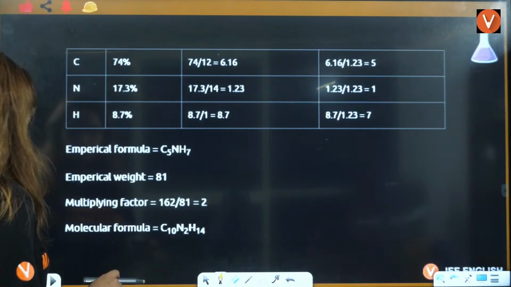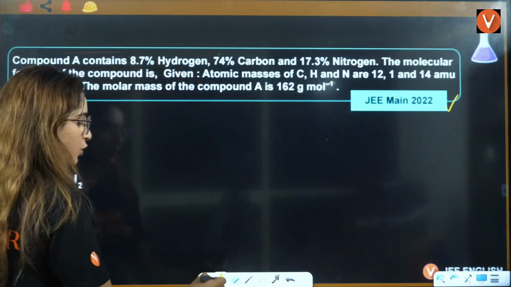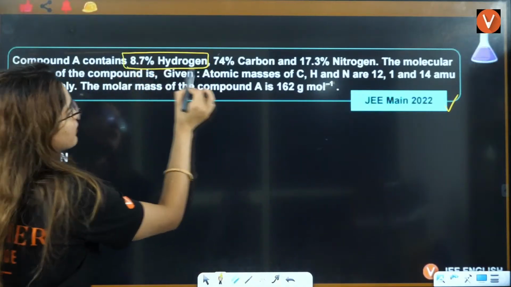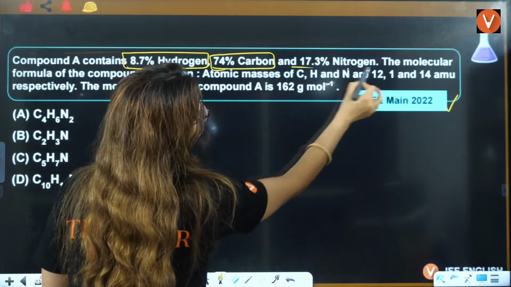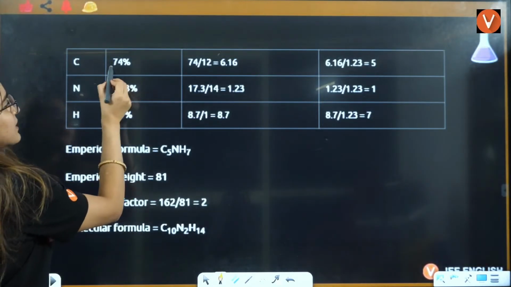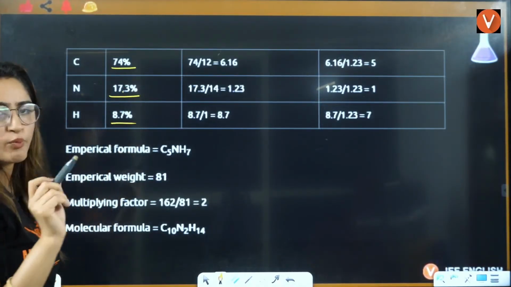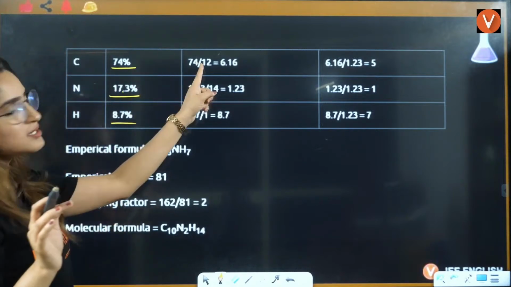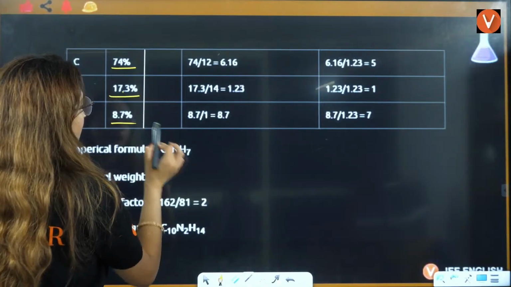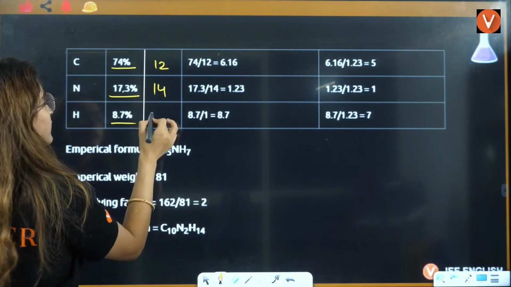See, I'll just show you here what you have to do. Hydrogen is 8.7, carbon is 74, and nitrogen is 17.3. So you have to make a table. Carbon is 74, nitrogen is 17.3, and hydrogen is 8.7. The molar mass of carbon is 12, nitrogen is 14, hydrogen is 1.